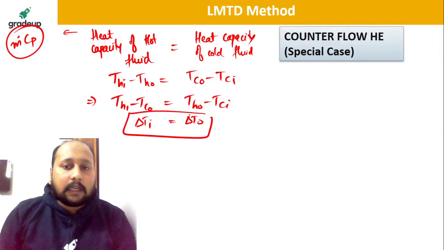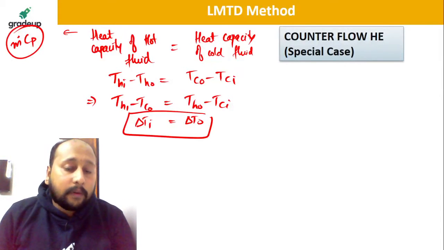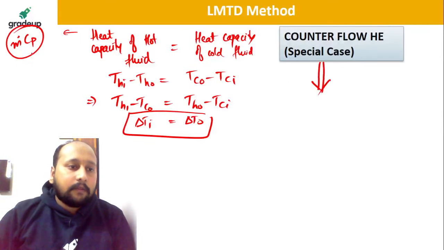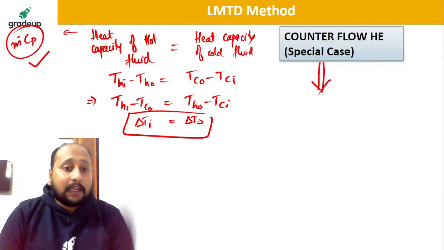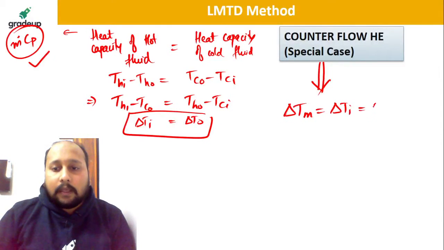That means in a counter flow, what we are getting for LMTD is a 0 by 0 form, indeterminate. So whenever we are having this case, when mass flow rate or heat capacity is the same, LMTD will be equal to delta Ti, which will be equal to delta To.